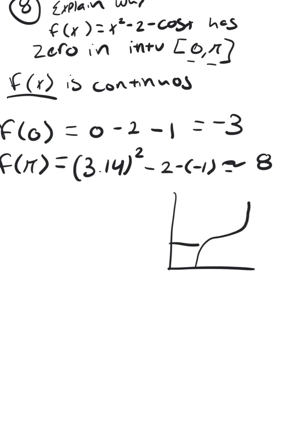Let's say a is here, f of a, and let's say b is here, f of b. There has to be some point in between these 2 points that is 0, which is also equal to k.